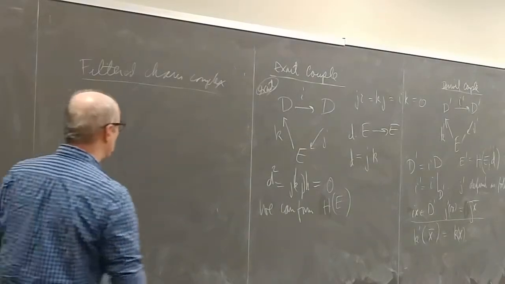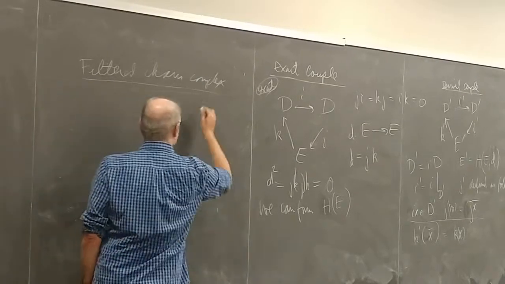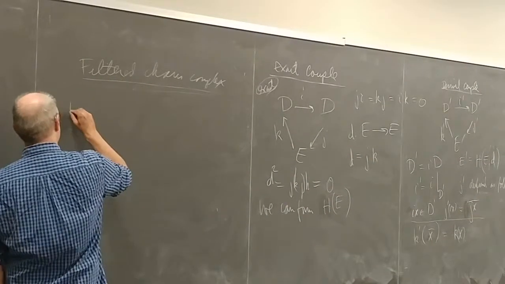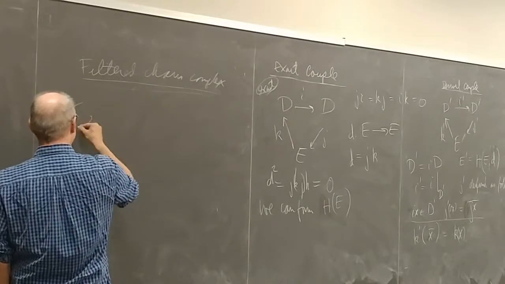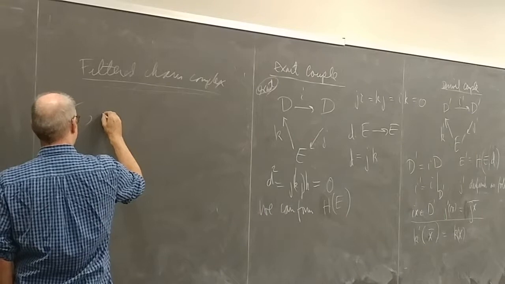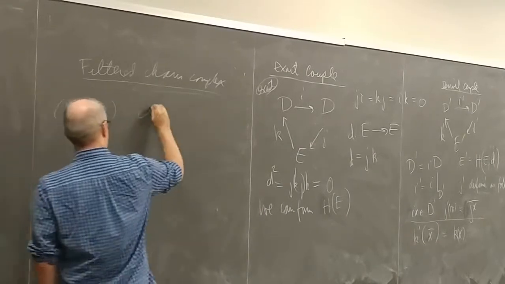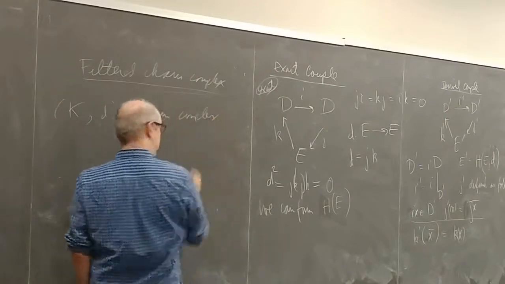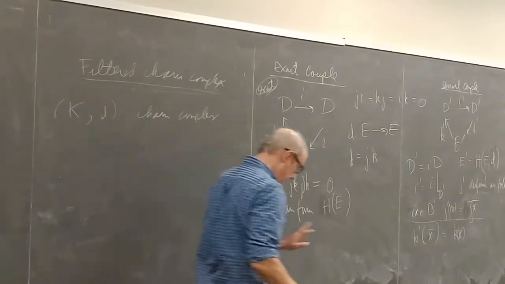Oftentimes they do, and in the example, if we get to an example, it certainly will. So what's a filtered chain complex? K is going to be a chain complex with some differential. I still haven't put a grading on anything yet.